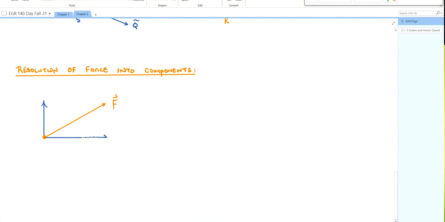Let's extend this, because this will be the x component, obviously, and this length will be the y component. But many times we're going to try to come up with components for a force for just two general directions.